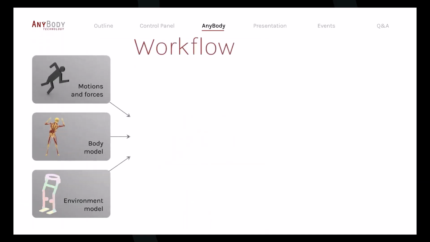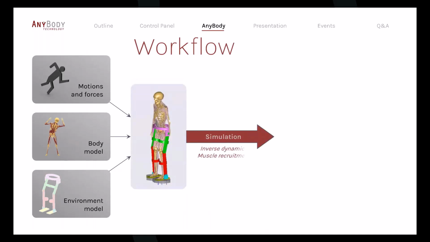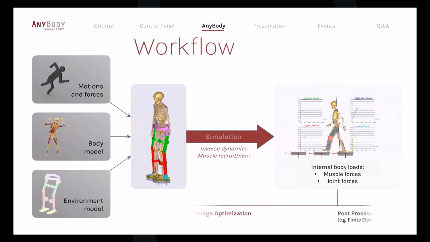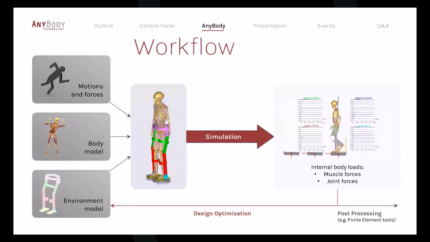The typical workflow in Anybody could look like this. You provide the recorded motion data as input and use the body models which you or others have built. And then you can optionally provide some kind of environment, which could be a special type of equipment or, for example, an exoskeleton. Then you can use Anybody to combine these things and run the inverse dynamics simulation, which solves the muscle recruitment problem.